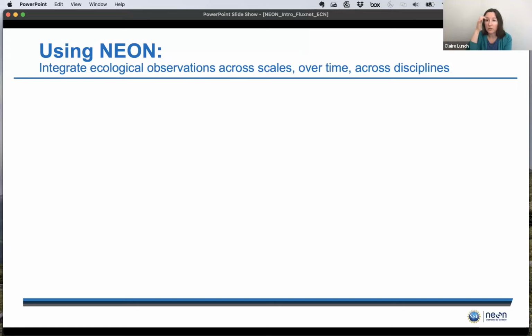And all of those components can get you to really large scale questions that are really exciting. And I should say, of the 4 papers that I'm going to talk about, only 2 of them are actually about fluxes. One of the things to keep in mind is that there's other data available from NEON that you might be interested in independent of fluxes, or that might inform what you're doing with flux data.